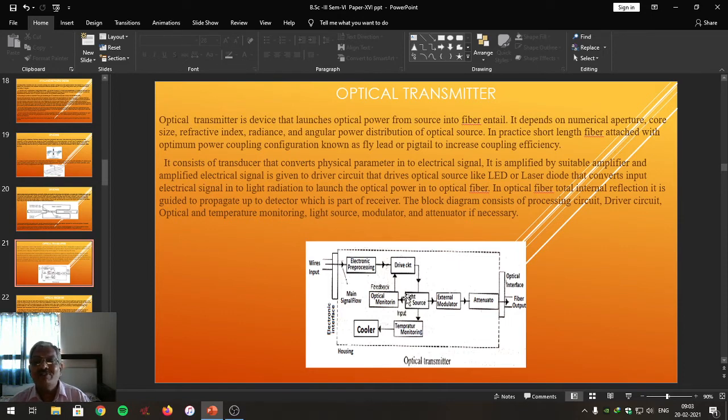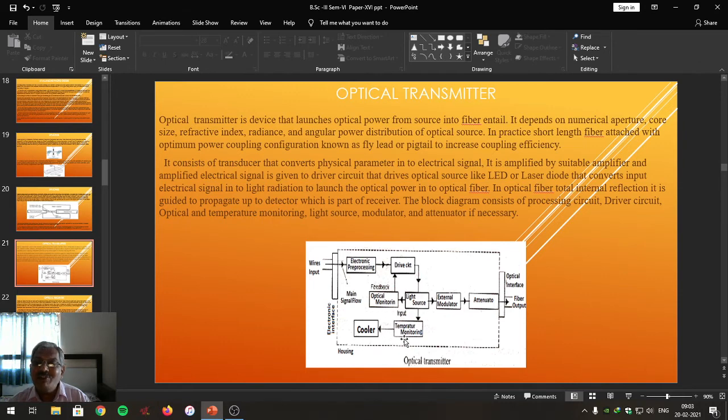Dear students, as far as the driver circuit is concerned, its optical monitoring is done. The driver circuit is controlled by the monitoring circuit, so that it changes the biasing current of the light source.